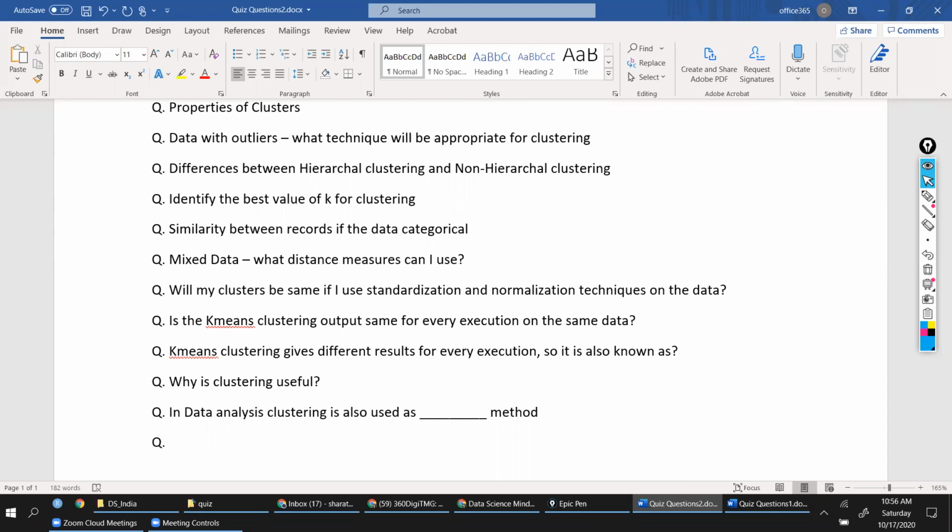Next. What is the main application, or what are the advantages or application of PCA? Why would we use PCA?